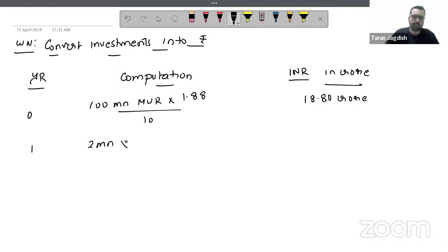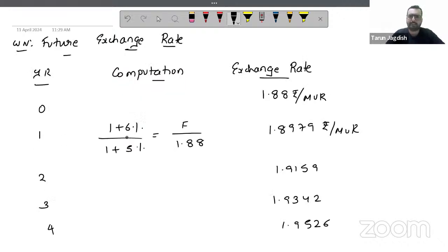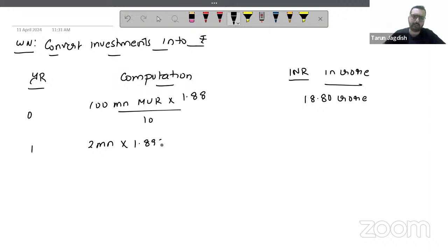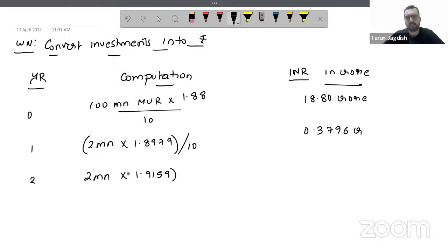Year 1, they need to invest 2 million again. Now this time the exchange rate is 1.8979. Correct? And then I will divide it by 10. Do you get the answer as 0.3796 crore? Year 2, again you will have the same 2 million, but now you have a different exchange rate, 1.9159. Point 3832 crore.